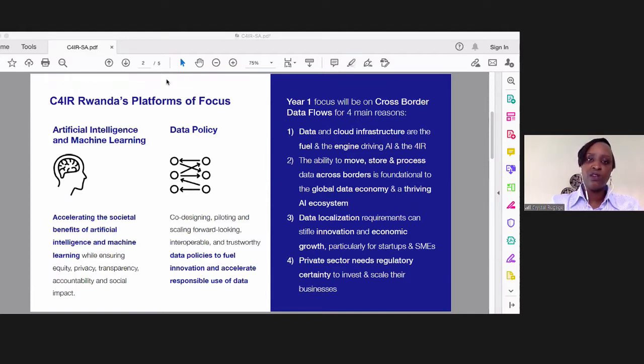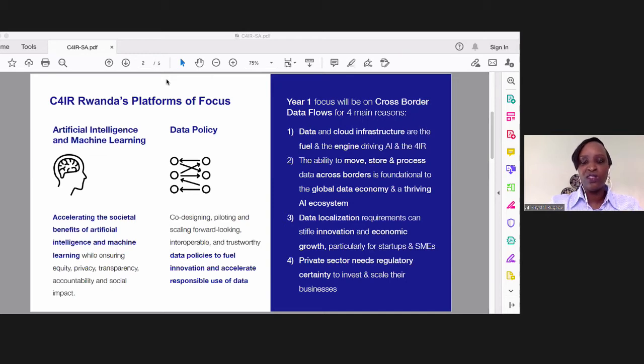And so after a series of consultations with colleagues at the World Economic Forum, within government, the private sector, and academia, we've decided to focus our first year on the broad topic of cross-border data flows, and really for four main reasons.